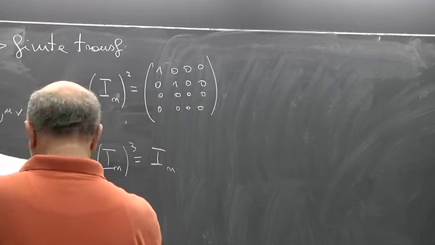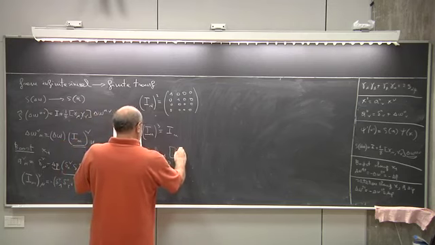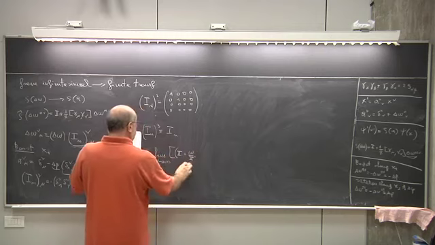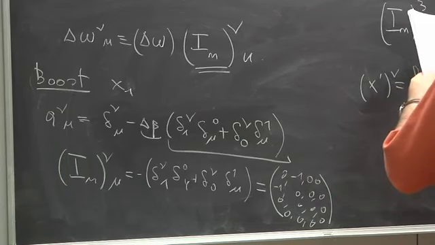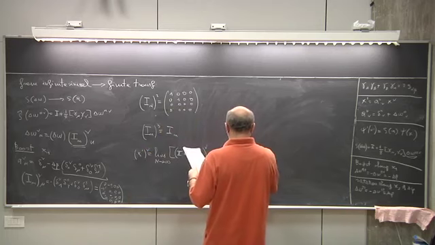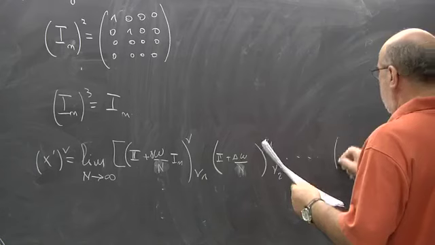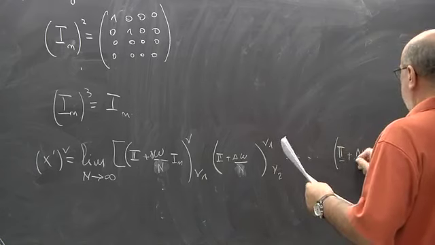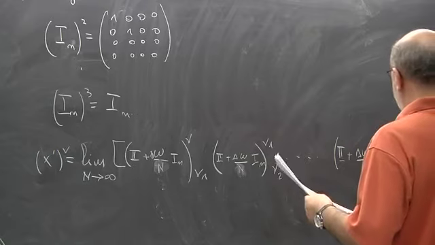Then we have that x prime nu is equal to the limit of n going to infinity of a product of infinitesimal transformations: 1 plus delta omega I n nu 1, then I have another one, 1 plus delta omega I, sorry, this is n, not I, n, and this is nu 1, nu 2, and so on till the last one, 1 plus delta omega, here I have In, and the relative index.